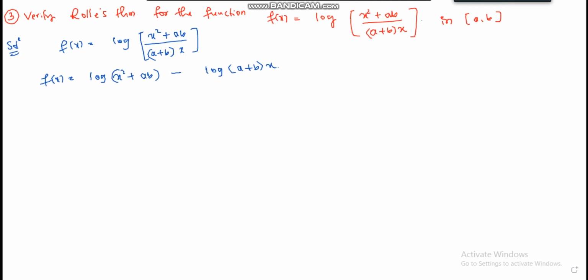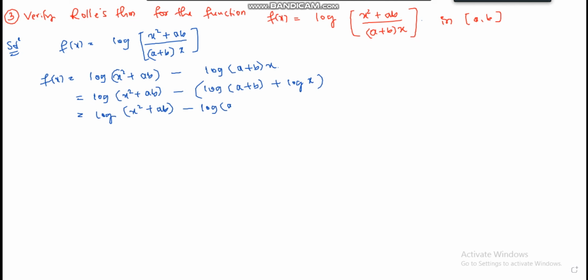Now again separate the logs: log of x square plus ab, and minus log a plus b, plus log x, in the bracket. Now that is equal to log of x square plus ab, then take the minus outside, so minus log of a plus b, minus log x. This is the final f of x here.